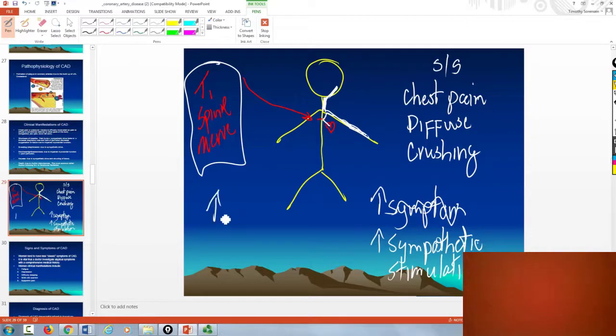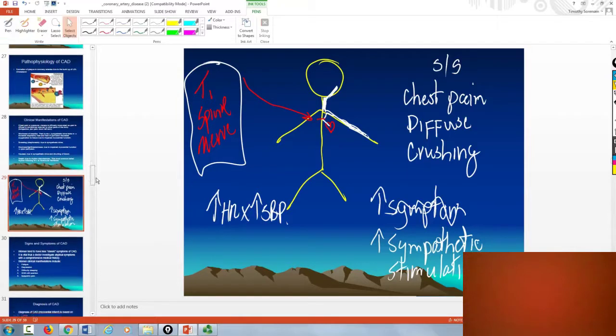Well, it's going to jack it up. And now you're actually putting more demand on the heart. The heart has to work harder, and the blood flow is being obstructed, so it's going to make that ischemia worse. So they may be sweating profusely, they may get some nausea and vomiting. But those are the classic symptoms associated with heart disease.